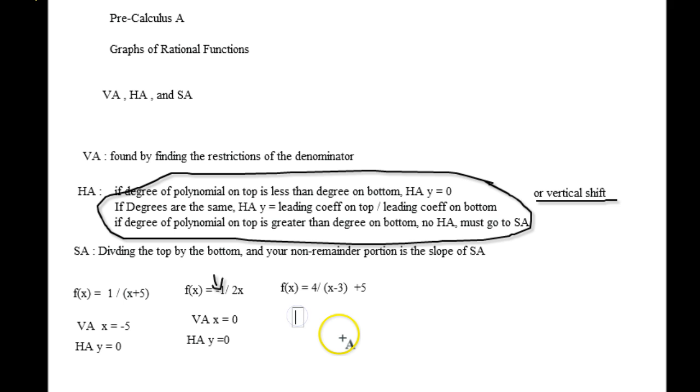Okay, normally my vertical asymptote is still the same, so nothing changes. So x equals positive 3. But my horizontal asymptote, normally it's going to be y equals 0, but I now have a plus 5 on the outside. So it's going to be y equals 5 for this circumstance because of the vertical shift. Okay?